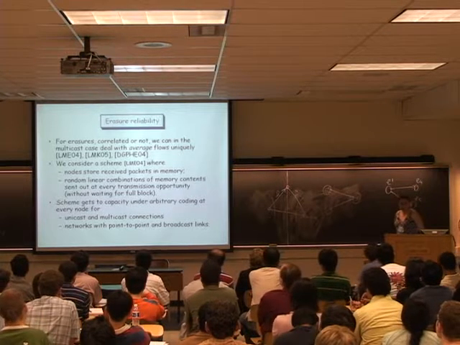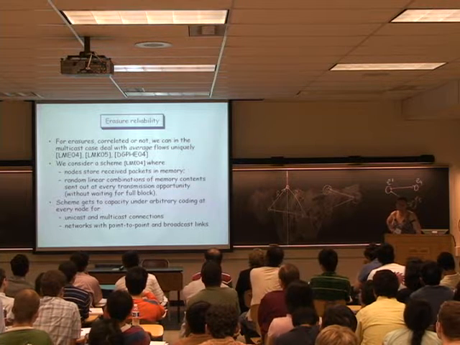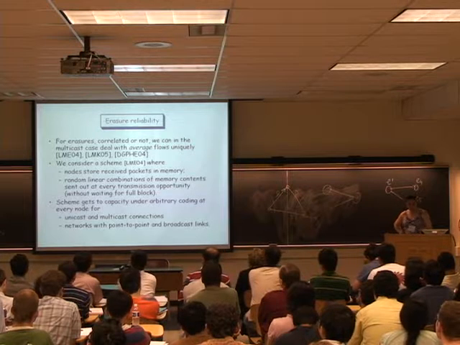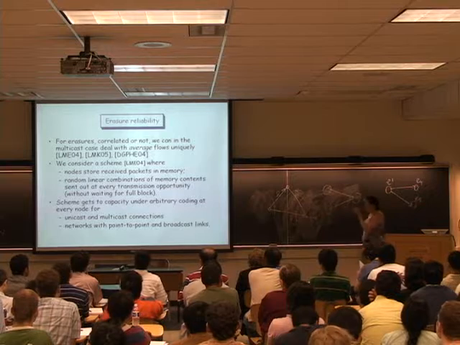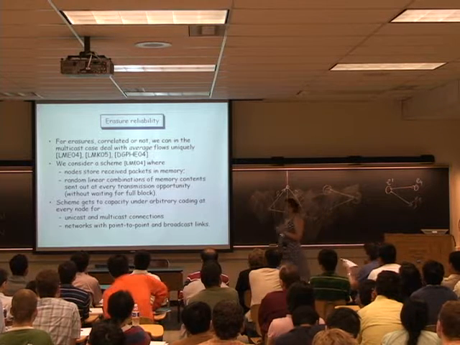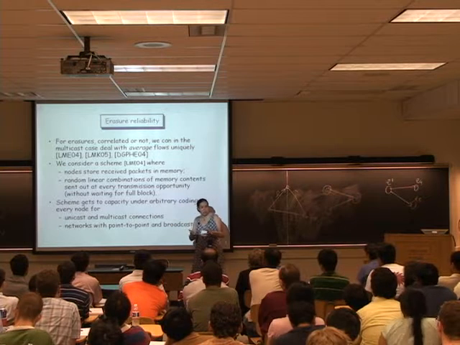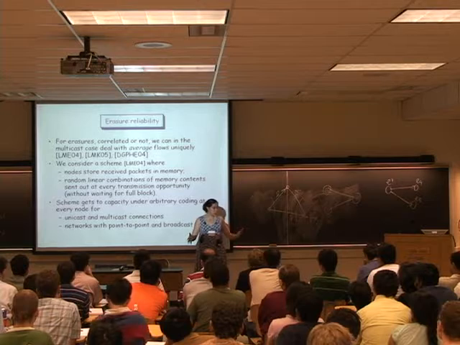So for erasures, correlated or not, like I said, in the multicast case I can deal with just average flows. The nodes store received packets in memory and send out these mixtures. One very important thing is I'm not waiting for the full block as an intermediate node. I'm not doing block coding where I wait for an entire block to decode it.